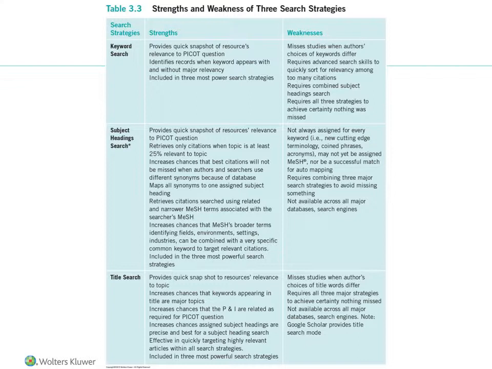Again, when you start doing more important work, especially if you go into graduate school, you are definitely going to have to go into more depth in your searching, and you may use various types of searching. But this is sort of a beginning level of evidence searching.